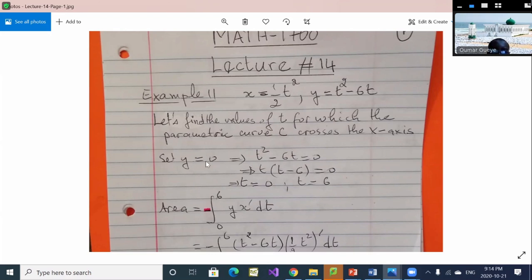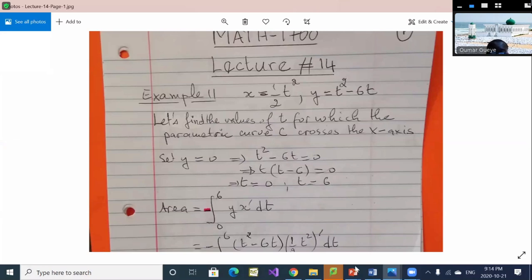Setting y equal to 0, we substitute y by its equation and solve for t. Doing so, we get two solutions, t equal to 0 and t equal to 6. So when t equals 0, the curve crosses the x-axis, and when t equals 6, it also crosses the x-axis. And we got our two x-intercepts.